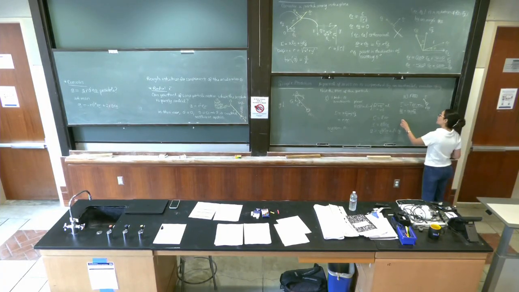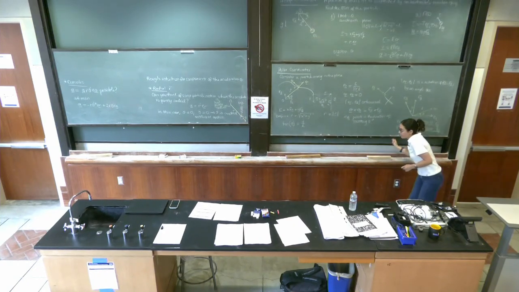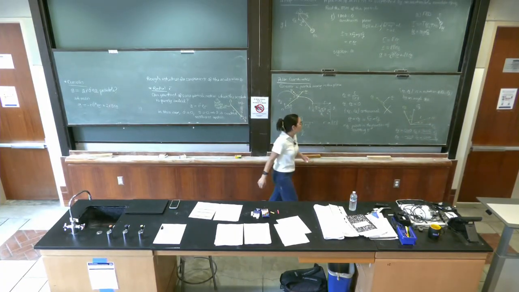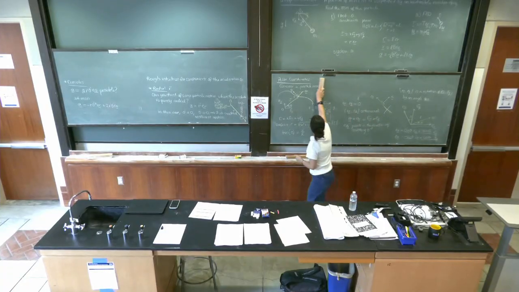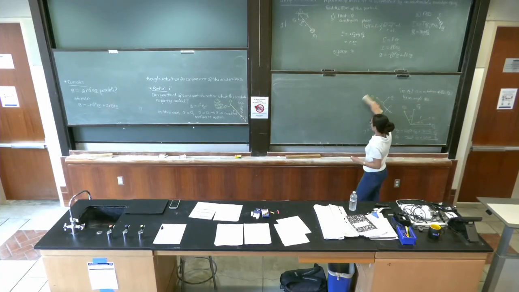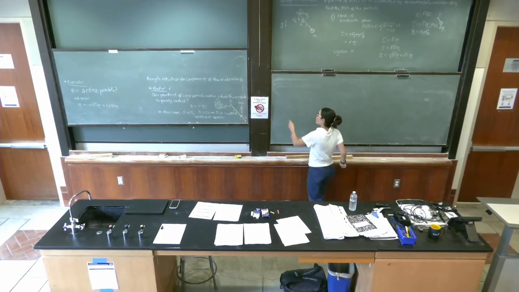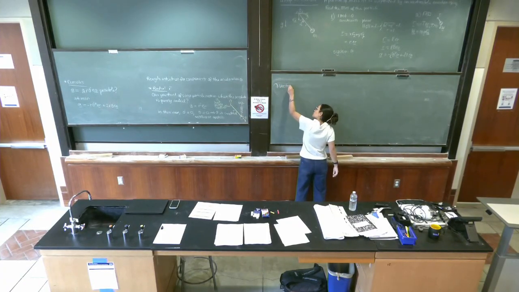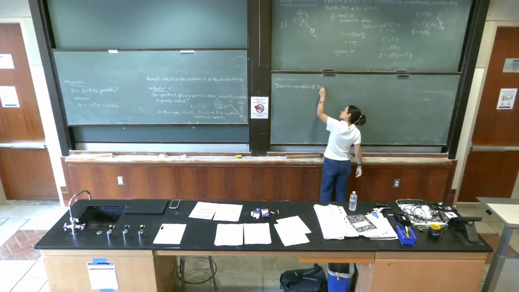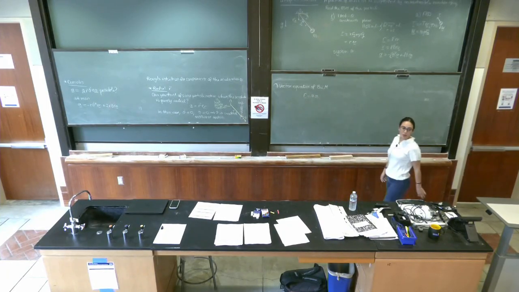Step 3. What was step 3? I write the vector equation of the balance law, the balance of linear momentum: F equals ma.